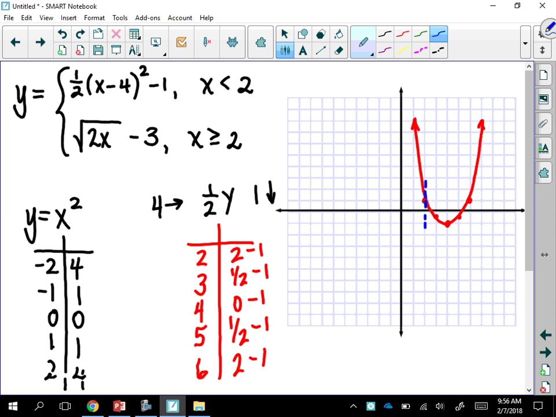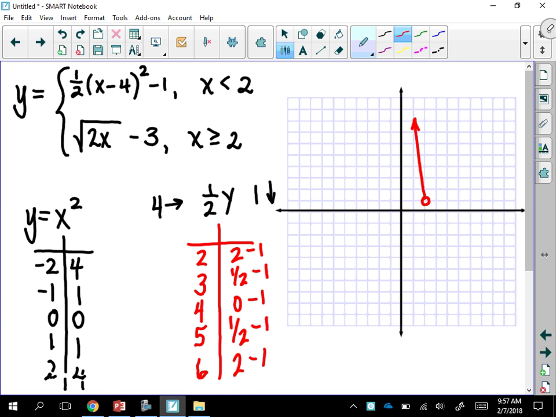So anything to the right of 2 gets erased. You might get to the point where you don't actually have to graph the whole thing and erase, but for now to start off with, that's what I'm going to do. Is it going to be an open or a closed circle? An open. Okay. So it's just that little slice of the parabola.